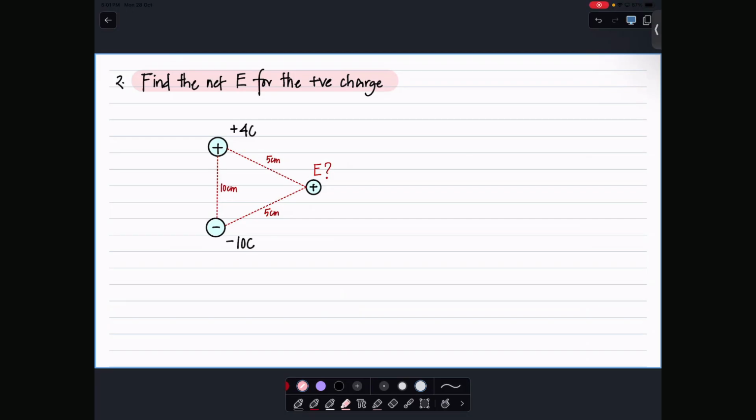What is the only condition where you can add and subtract vectors? Yeah, they must be in the same line. Then only you can subtract and add. But if they're at an angle, what do you need to do? Vectors, diagrams, triangles. So in this case, you can't really add them or subtract them.